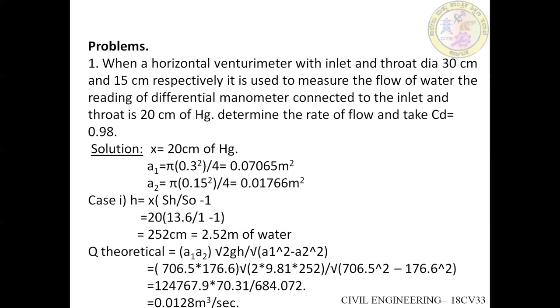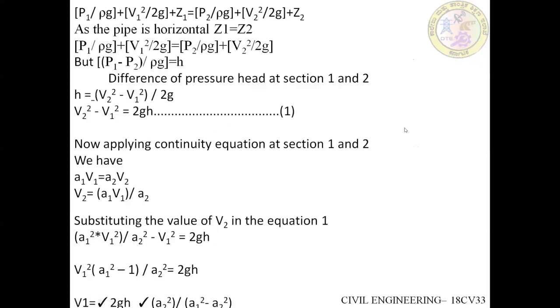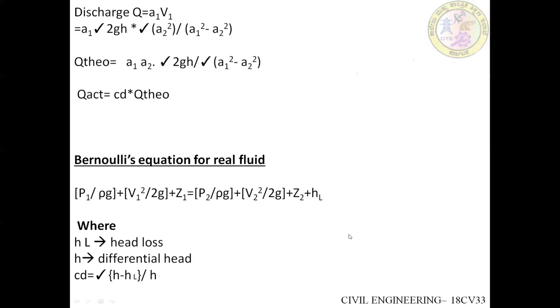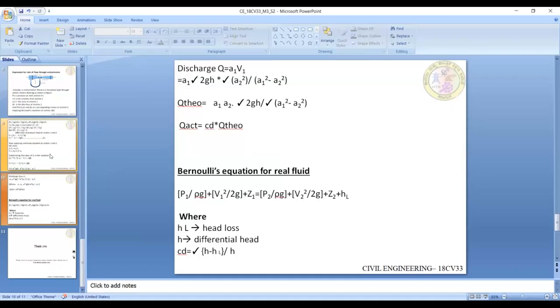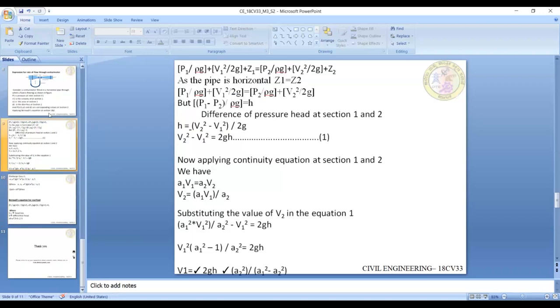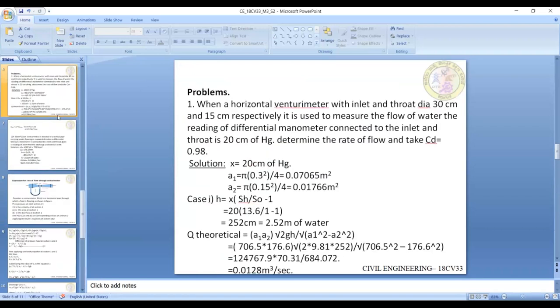As I said, X value is given as 20 centimeter. SH is the specific gravity of the heavier liquid, that is mercury. We all know the specific gravity of mercury is 13.6, divided by SO, that is the specific gravity of the lighter liquid, which is nothing but water, which you can take as 1.